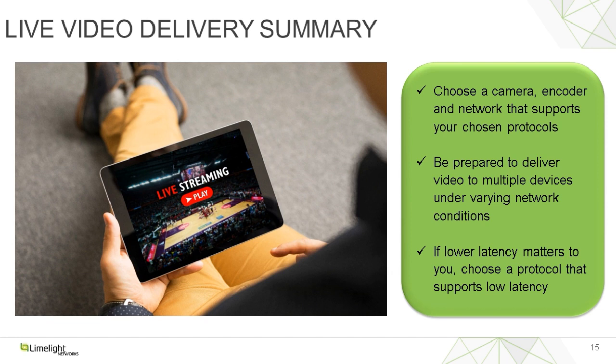We also want to be prepared to deliver not just to multiple devices, but under varied network conditions. And if lower latency matters to you, choose a protocol that supports that lower latency, like CMAF or real-time streaming. And that wraps it up.